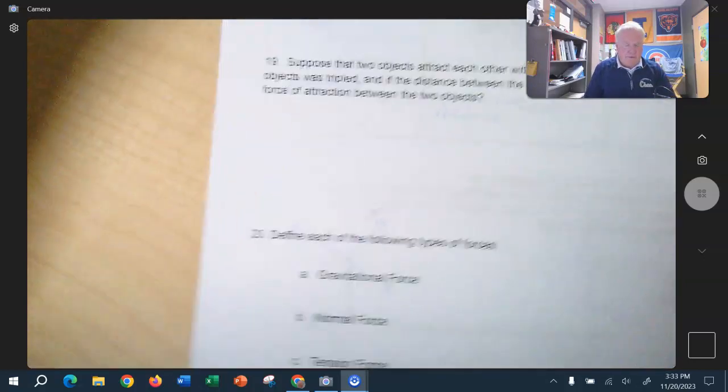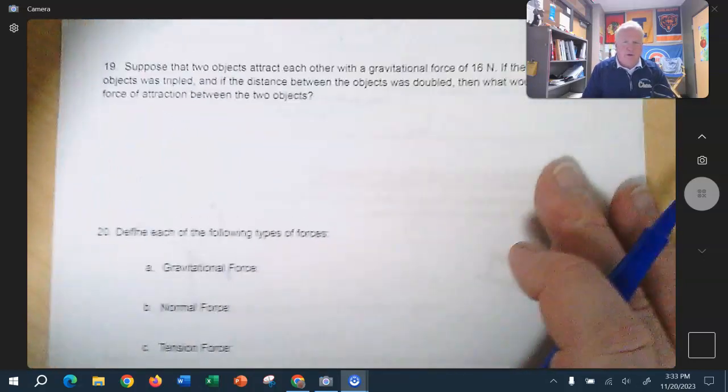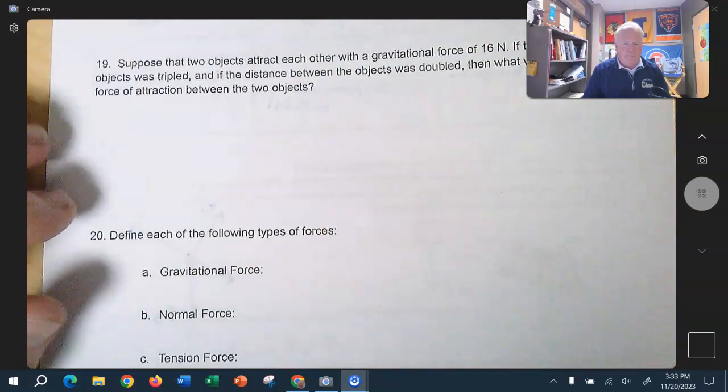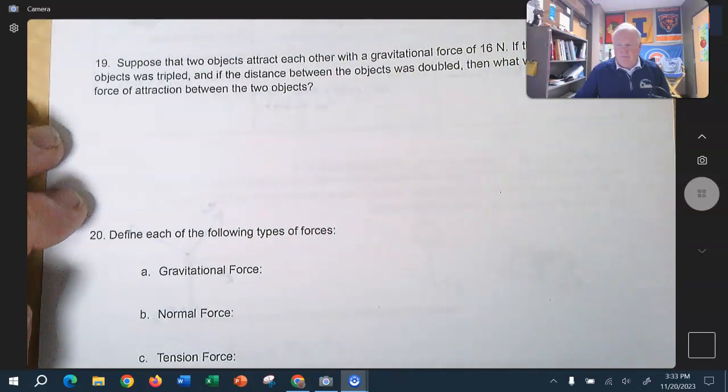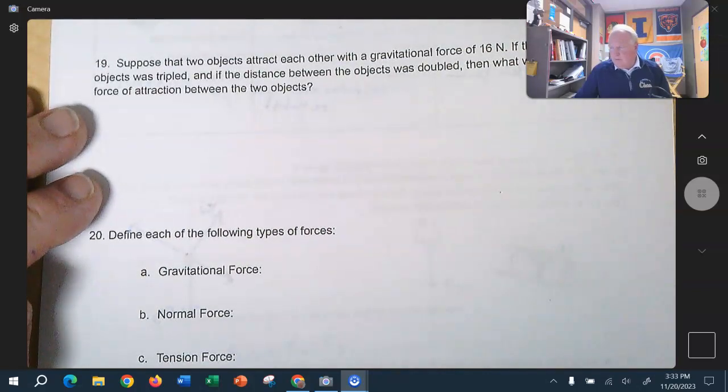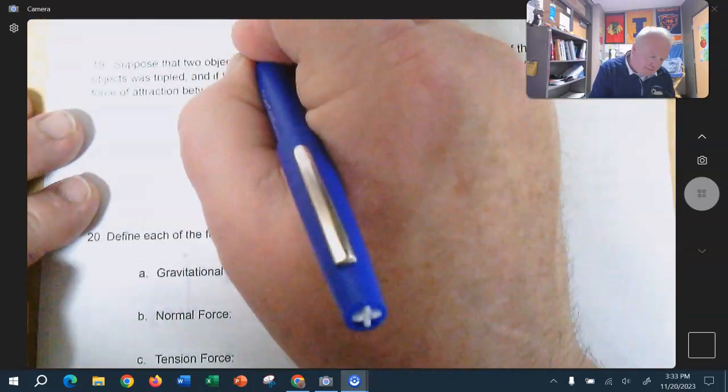Okay? All right. Now we get to some of the stuff that you were working on in the last section. This is all about just plugging into the gravity equation. If we have a mass, another mass, and the distance between them, we just need to put it into the equation.